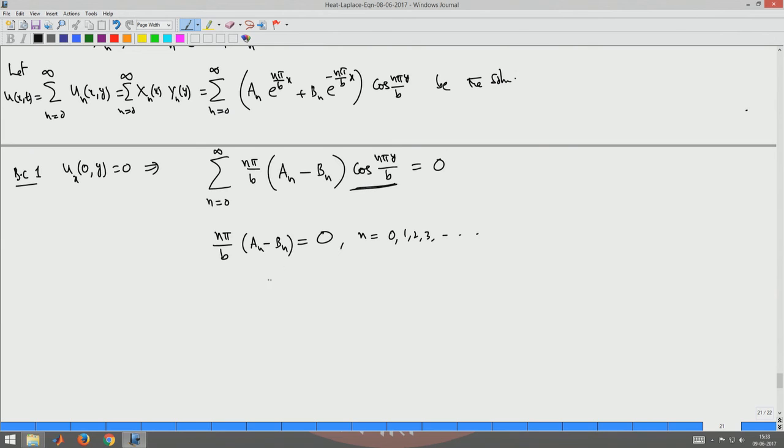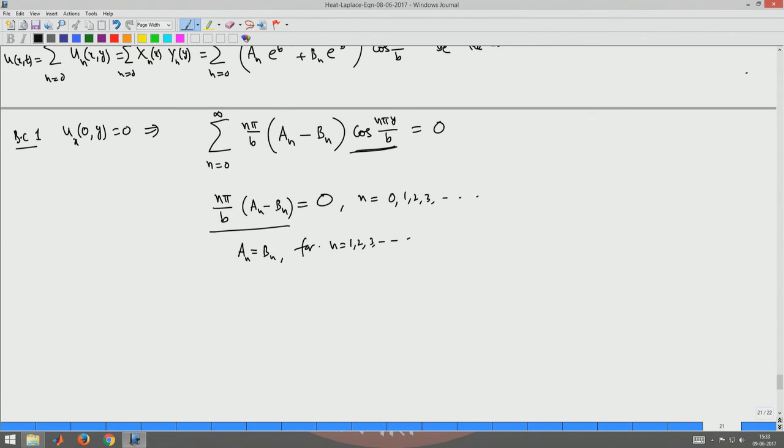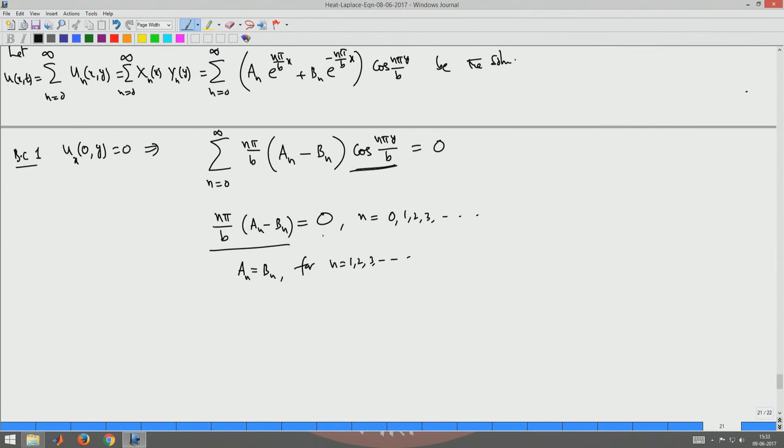So, this implies a_n equals b_n for n from 1, 2, 3 onwards, because when you put n equal to 0, this factor is actually 0. You cannot say that this whole thing is 0 because n is here, and when you put n equal to 0 it becomes 0. So, for a_0 minus b_0 you cannot conclude anything.